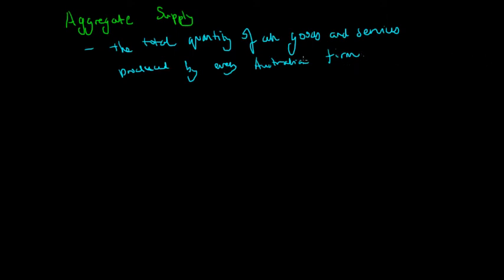So it is basically the total production in an economy, and this is generally measured by the concept of GDP, gross domestic product. So this is aggregate supply. It consists of all the economic activity being produced by every Australian firm over the year.